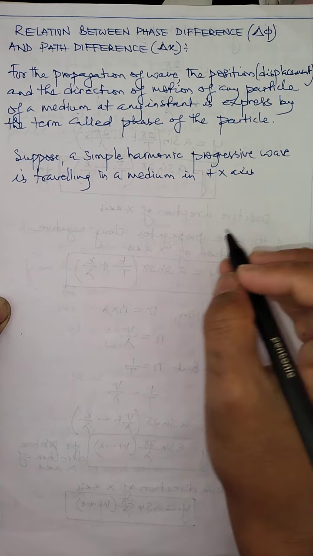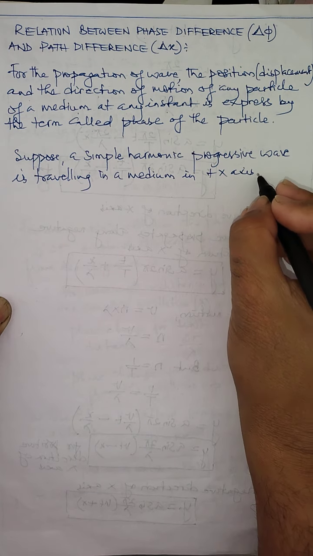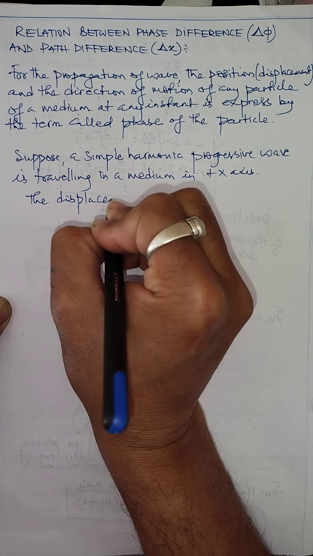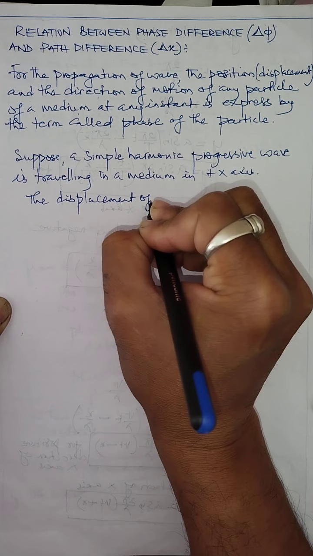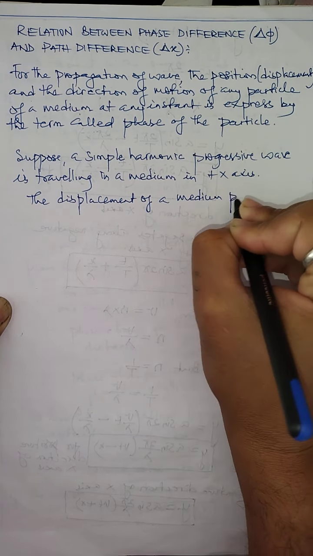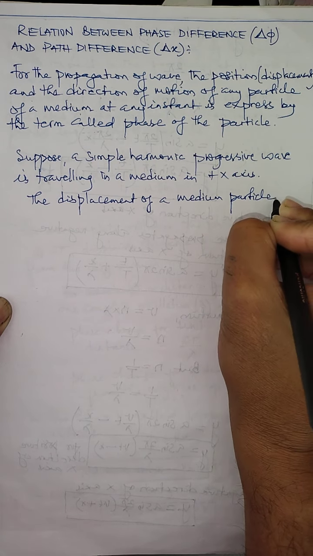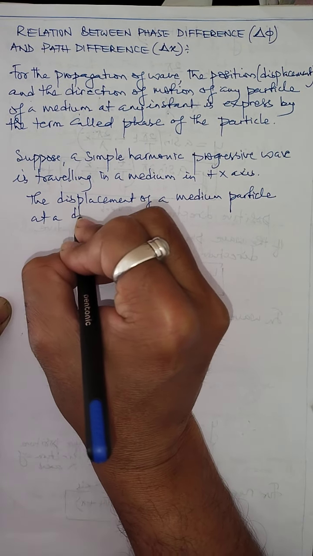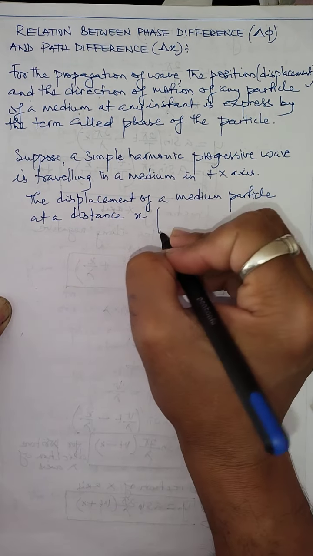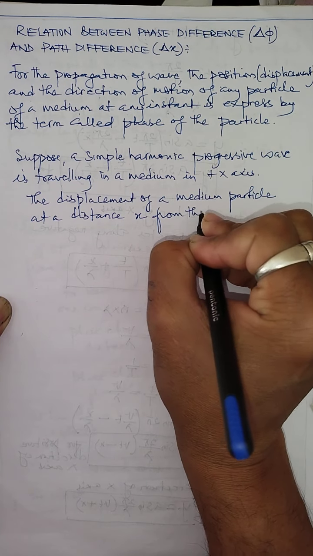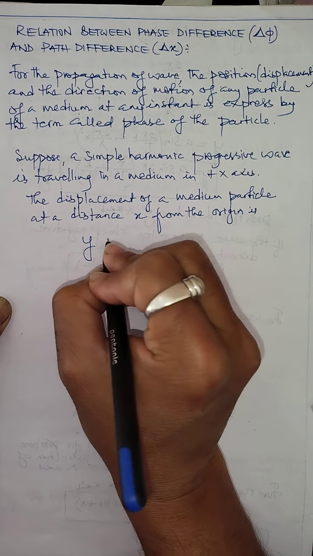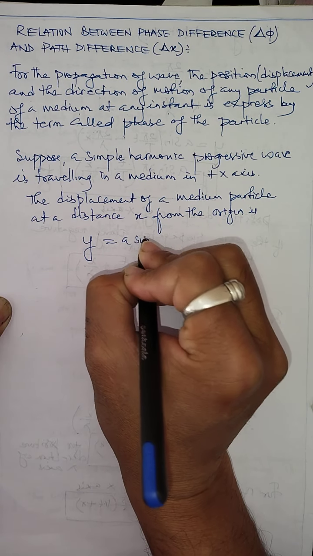If it is moving along the positive x-axis, then we have already done, children, that the displacement of any medium particle at a distance x from the origin is given by y equals a sine 2 pi.